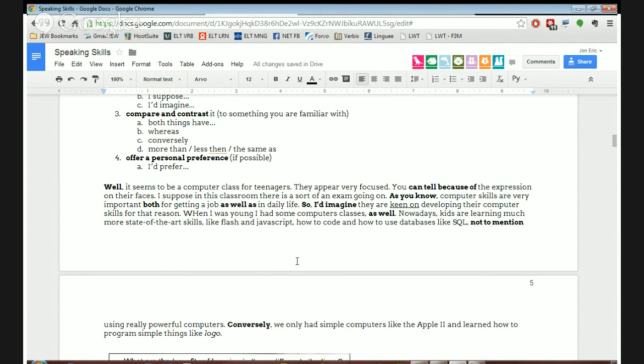Conversely, we had really simple computers like the Apple II, and we learned how to program really simple things like Logo. So, I'd prefer to be in that kind of class like we see in the photo.